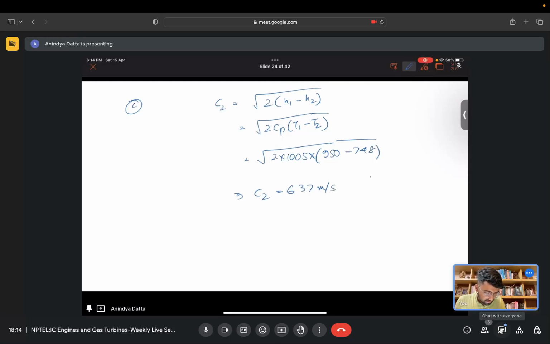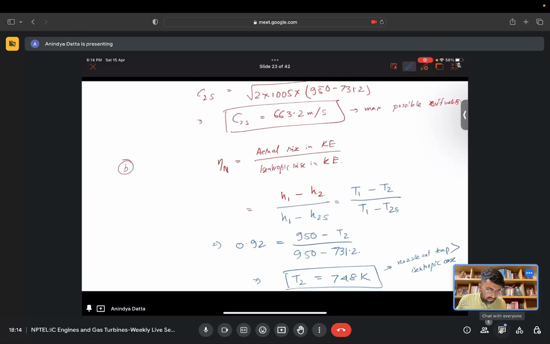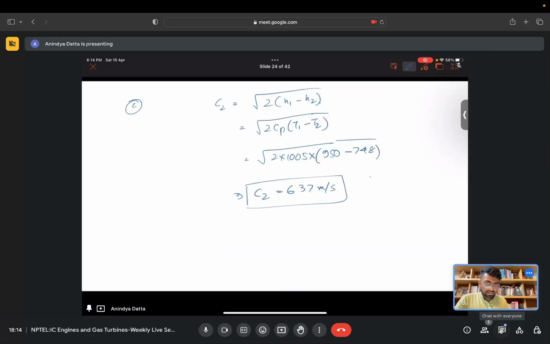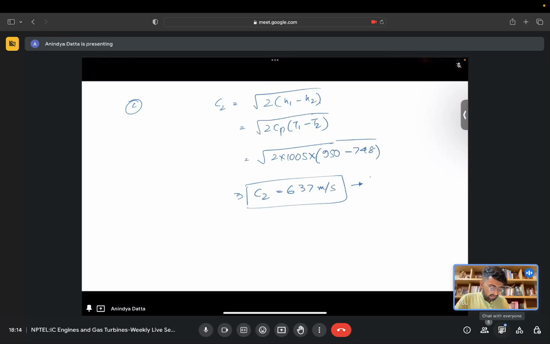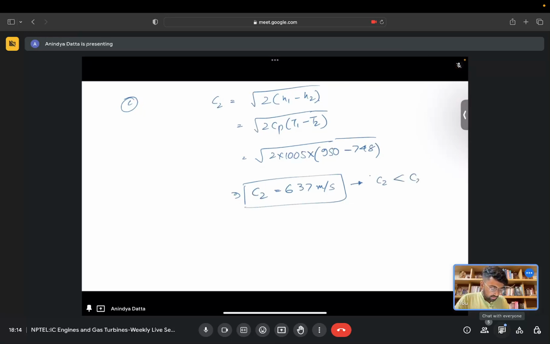Remember, this is lesser than the ideal case. Sorry, in the isentropic case we get 633.2 meters per second, but in the actual practical case, this is less than C2s.